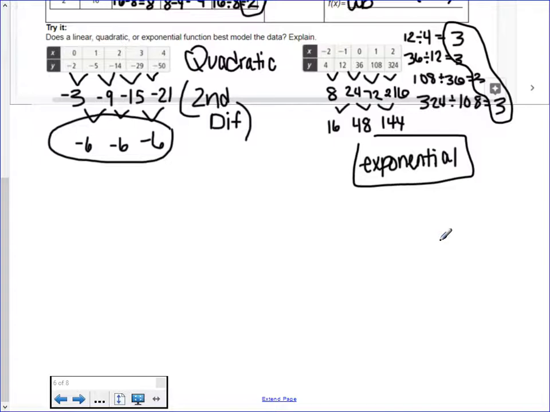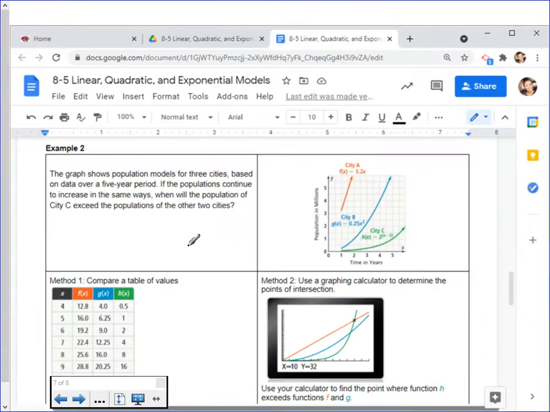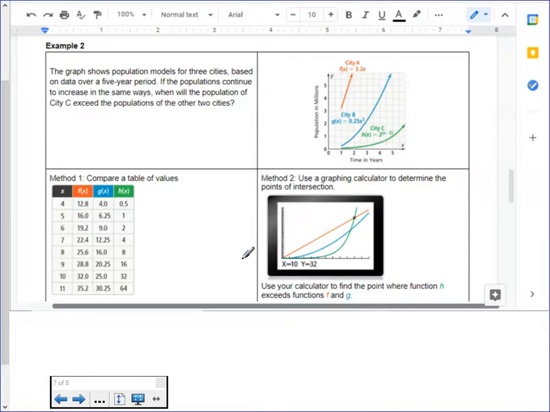These are graphs now, so we're going to decide what we are looking at with a graph. Here it is. The graph shows a population model for 3 cities based on the data over a 5-year period. If the population continues to increase in the same way, when will the population of city C exceed the populations of the other two cities?